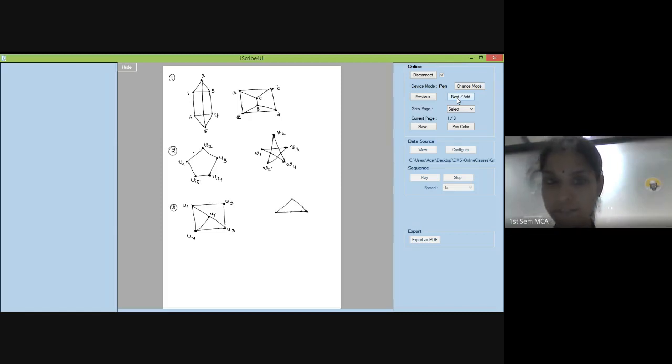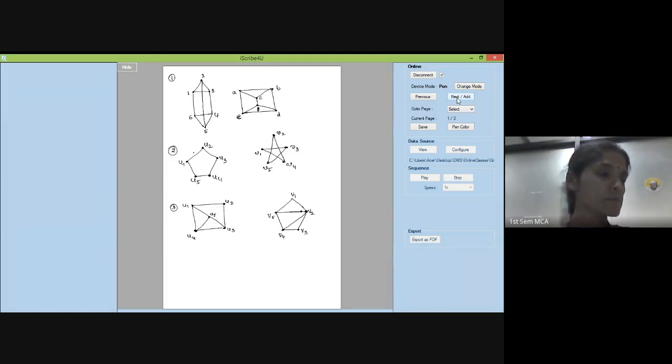Okay, this vertex is here. Okay, let me give one more. I don't want to waste this sheet. There's some space, so I'll fill it up.